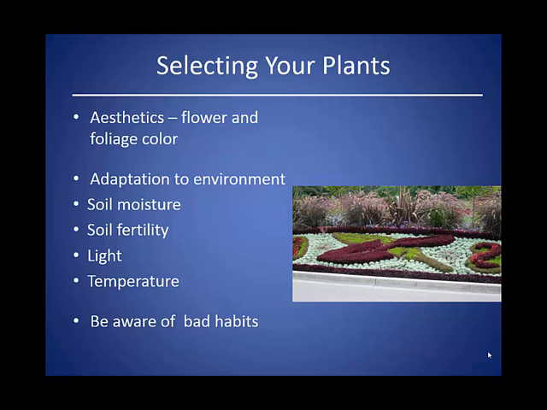How things adapt to the environment, whether they're tolerant of full sun or part sun, whether they tolerate well-drained soils or poorly drained soils. Some plants are particularly good at thriving in low fertility soils. For example, herbs in general do pretty well under low fertility conditions. Whether they can tolerate heat better than some.